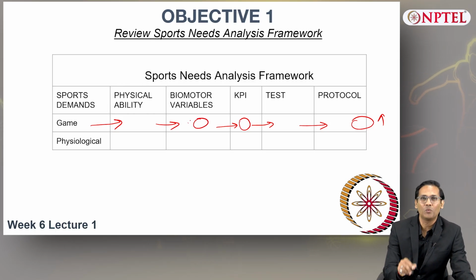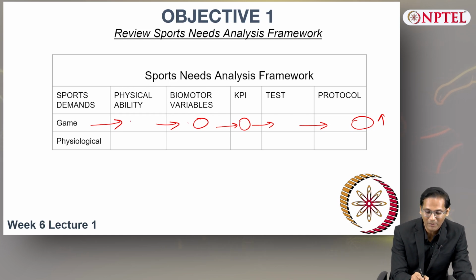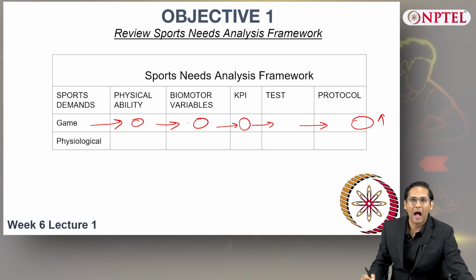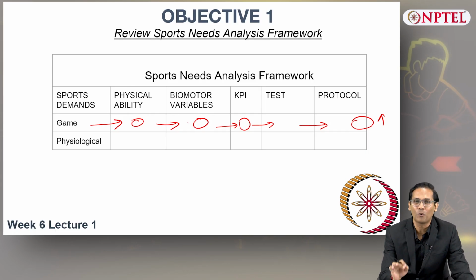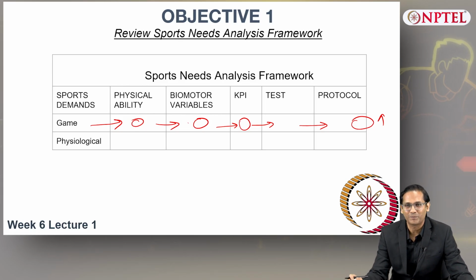How do you know what fitness variable to increase? You connect it with the game demand, the physical ability demand of that particular sport. That's how you can directly apply sports need analysis to your program design, and this is called the sports need analysis framework.